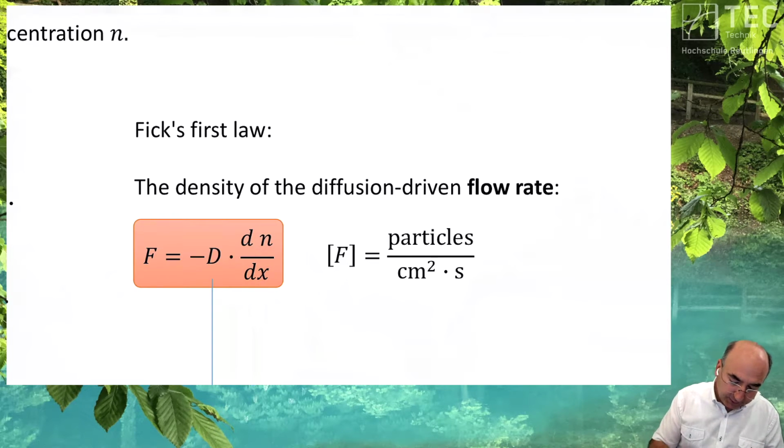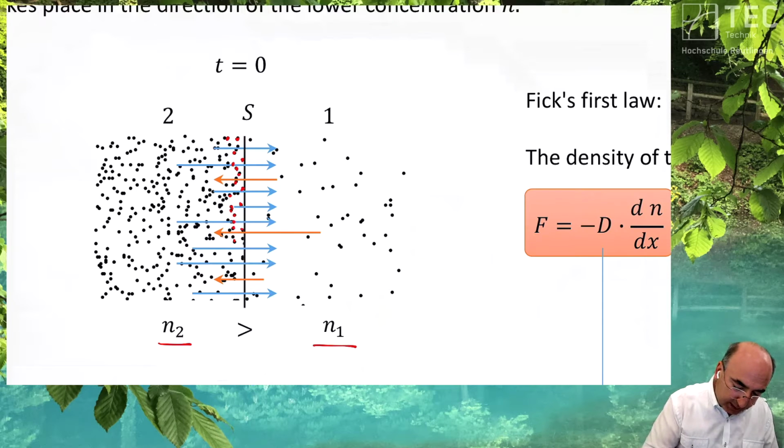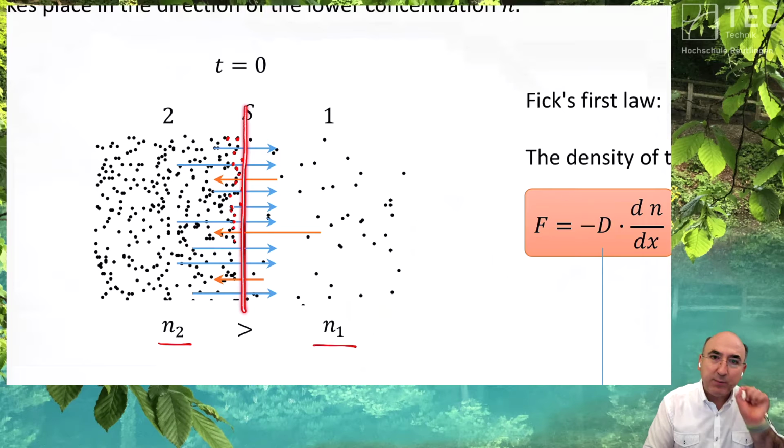And this gradient results in a flow rate. If you have an abrupt gradient, then at this moment in time, the flow rate is infinite.